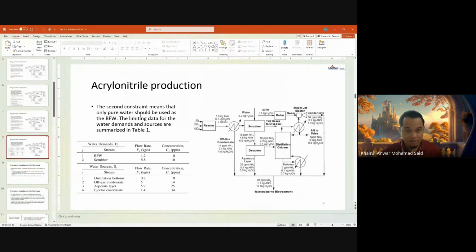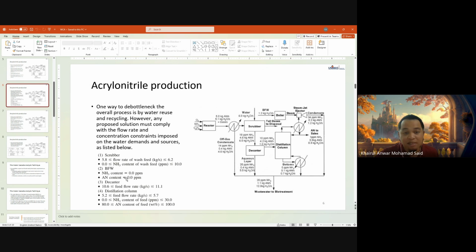The second constraint is that only pure water should be used as BFW. Why? From this statement, only pure water can be used for the boiler based on this condition.